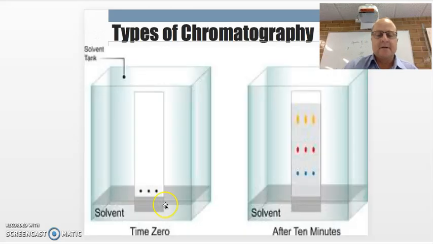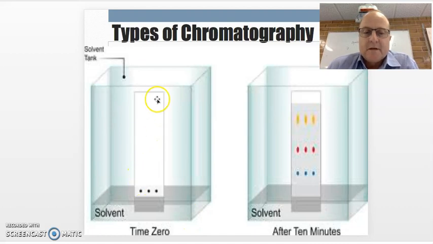So the easiest way to get an understanding of this is to look at a diagram of it. Thin layer chromatography would involve this component here, which is the stationary phase. This is the thin plate that is coated with either silica or alumina, and it is polar. The liquid that is within this tank down here is our mobile phase.